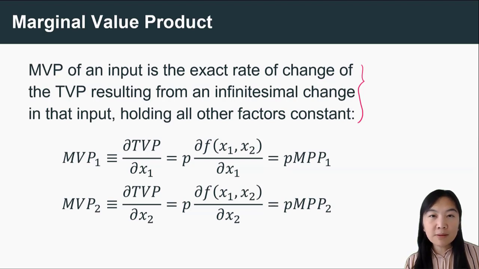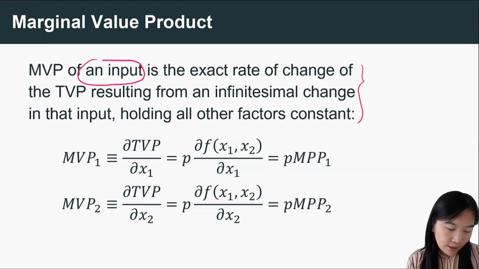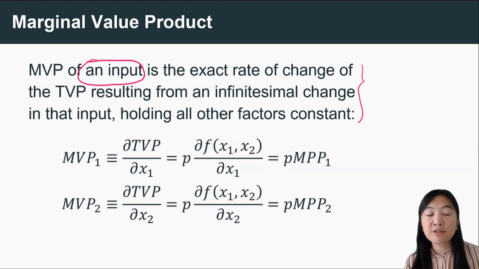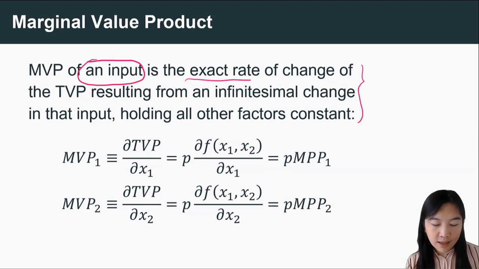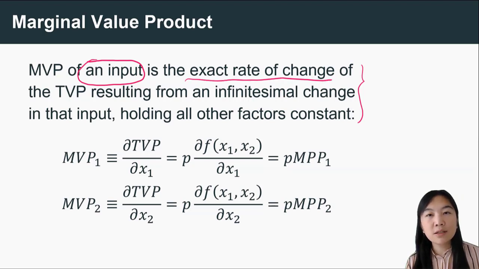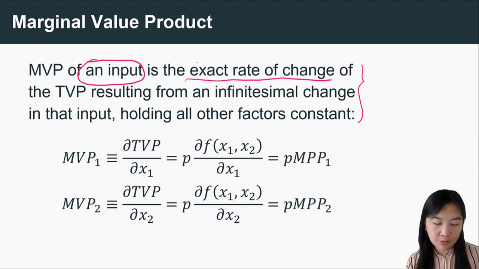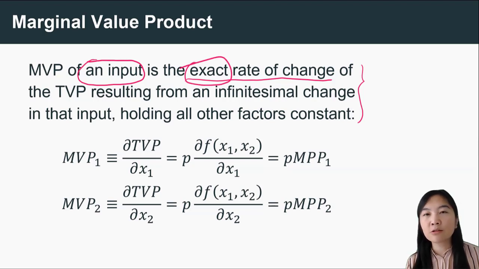So MVP of an input, remember MVP is an input perspective concept, is the exact rate of change. Rate of change is the slope or the derivative. And in AREC 333, we're always interested in the exact rate of change, or point MVP, point MPP.